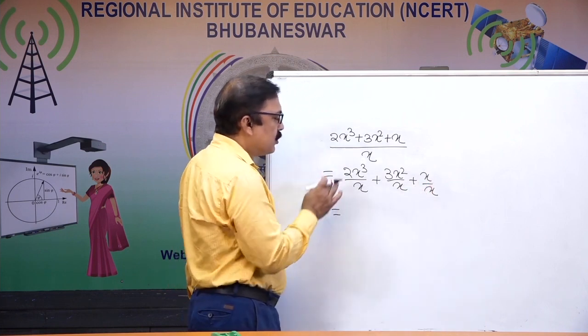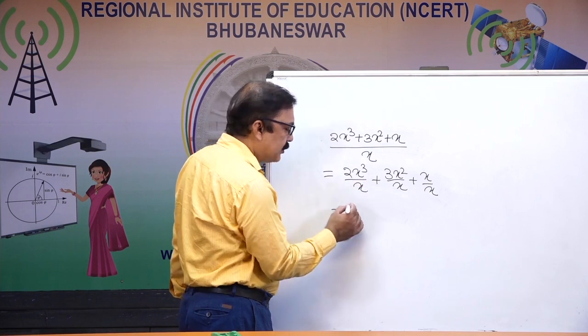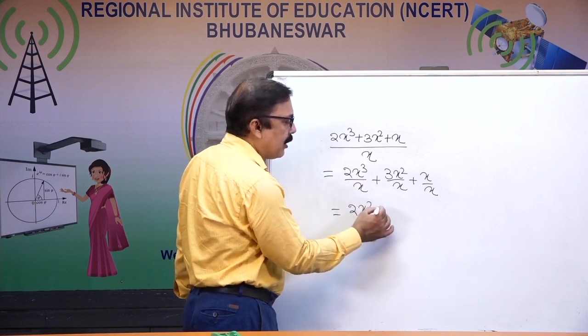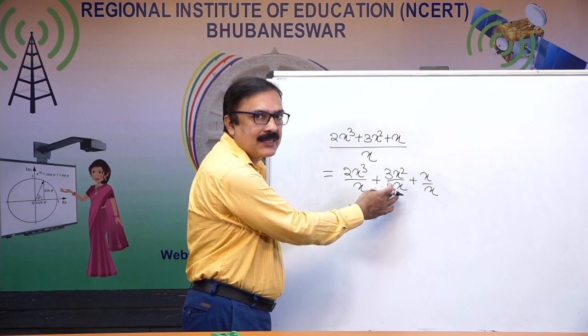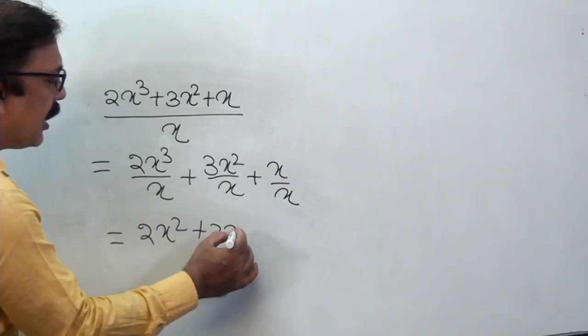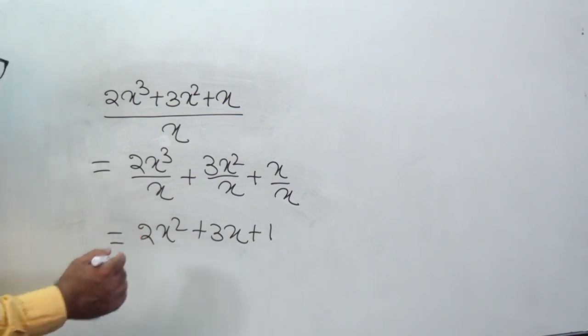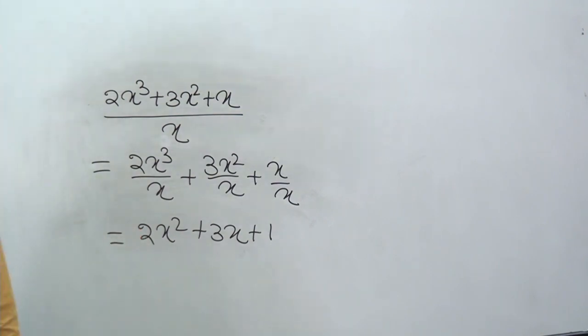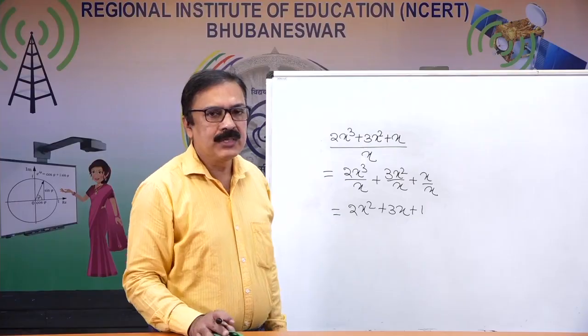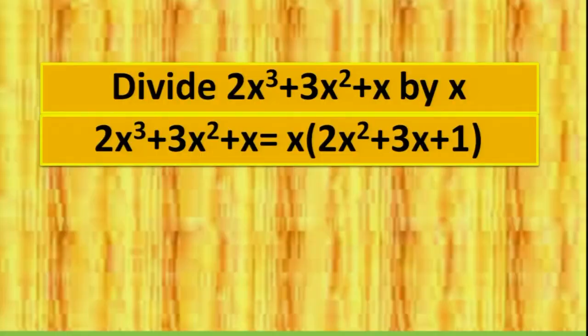This gives 2x square, 3x, and 1. So 2x cube plus 3x square plus x equals x into 2x square plus 3x plus 1.